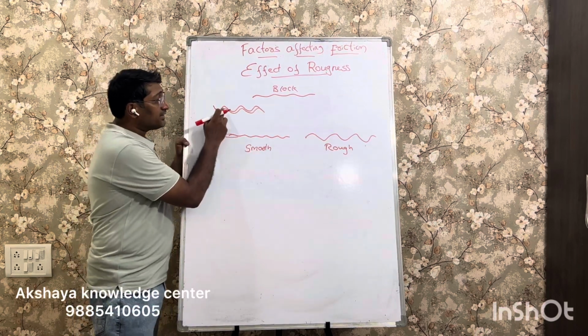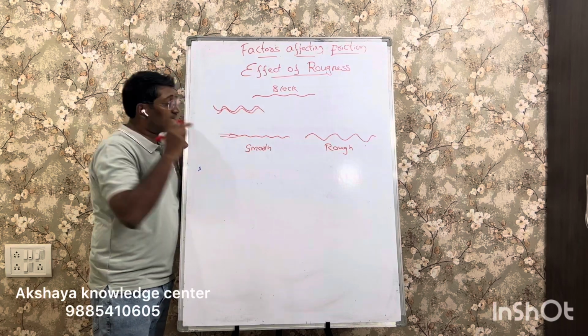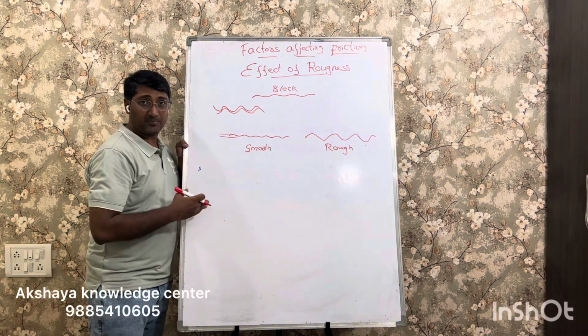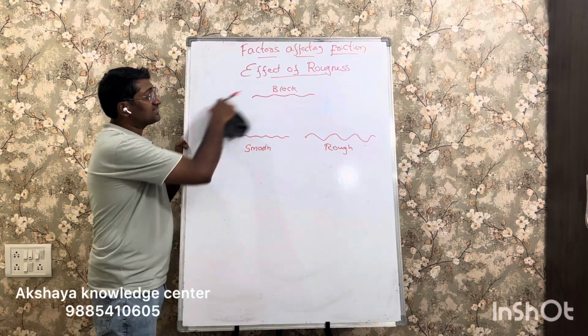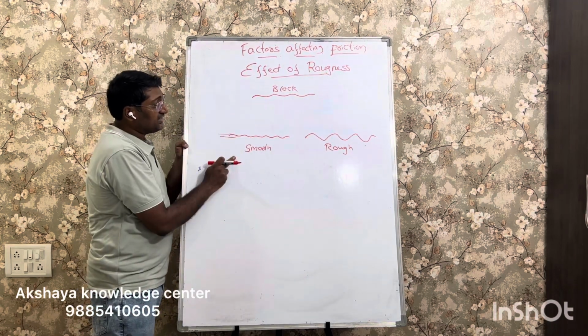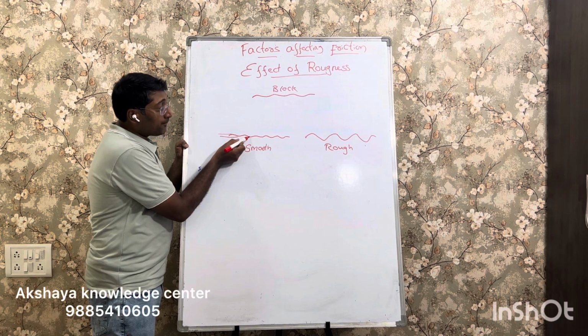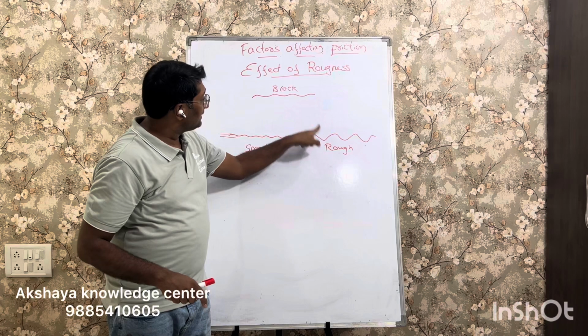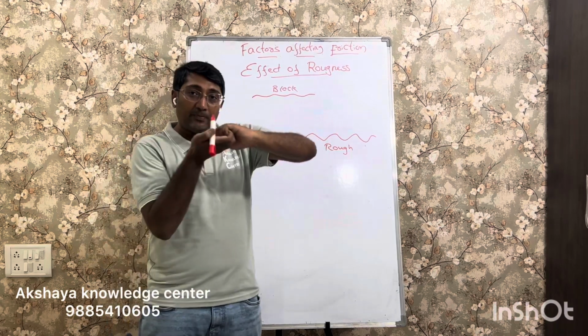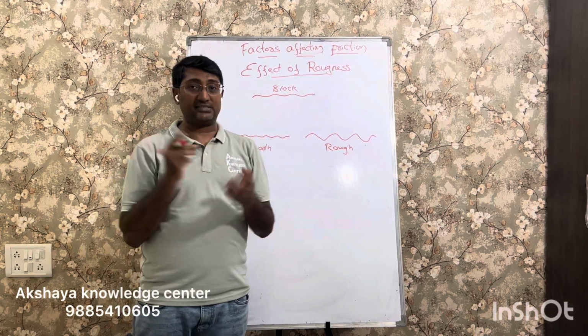If the locking is shallow, that means only a little depth of locking, then they can be easily separated. As you can see over here, between the block and the smooth surface, the locking would happen, but the depth of interlocking is very small. Whereas here, there is a greater chance of deeper interlocking, so more force is required.